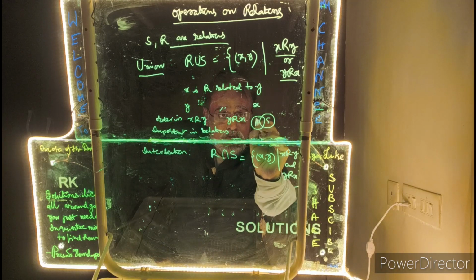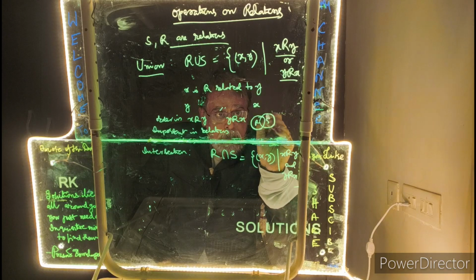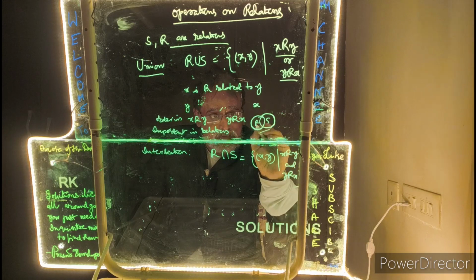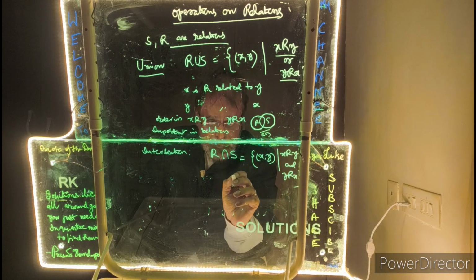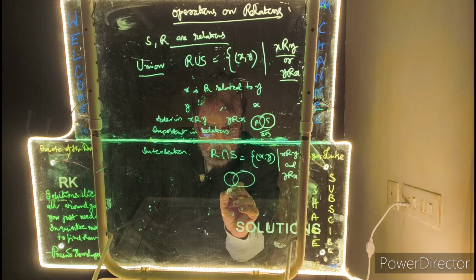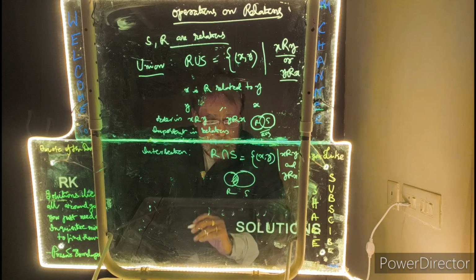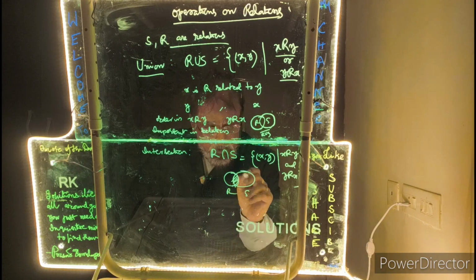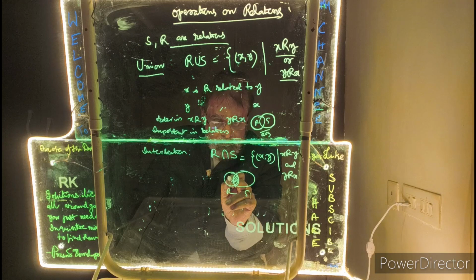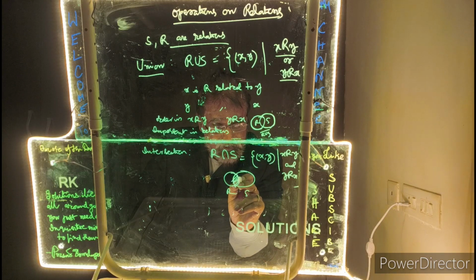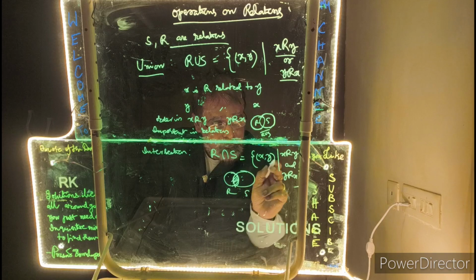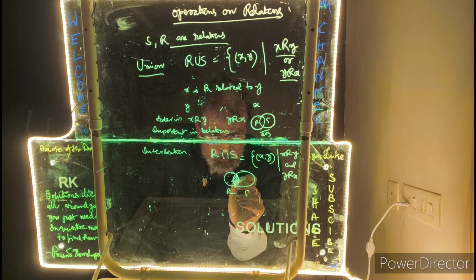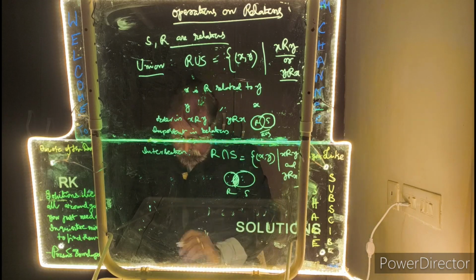Then this whole thing is R union S. Here this portion is the intersection, meaning x should be related to y and y should be related to x. Only then you can have both, the intersection. So that is the intersection.